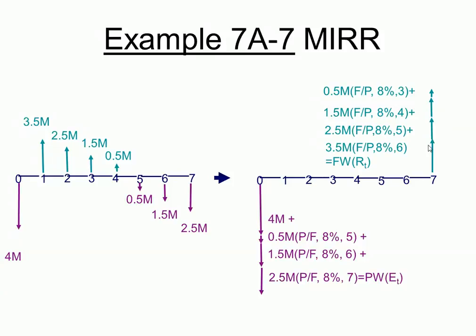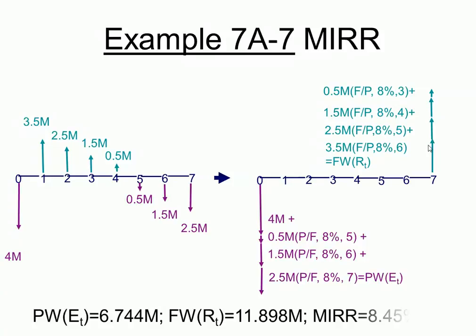And now we can find a modified internal rate of return. So computing these values, this is the present worth of expenses, and this is the future worth of receipts. And then we need to find the modified internal rate of return. We're just going to set up the following equation.